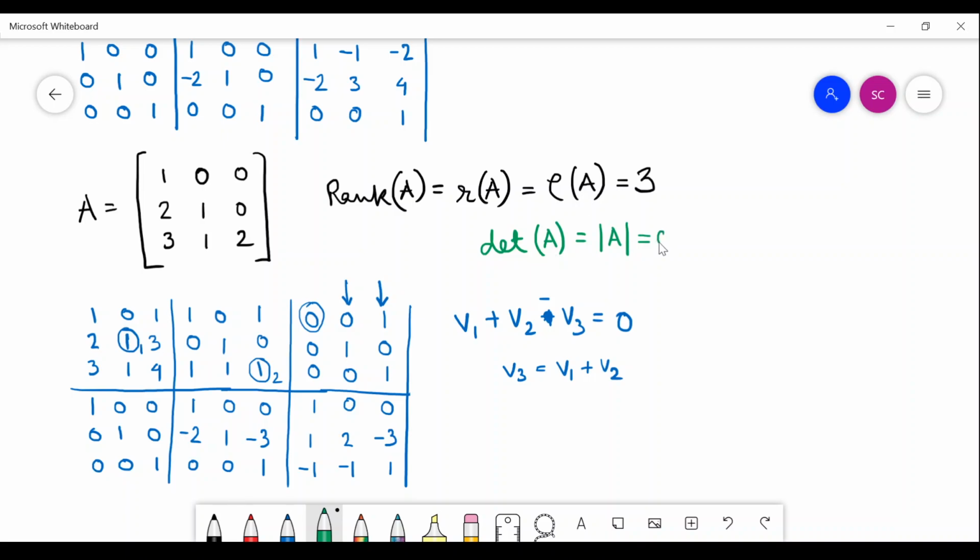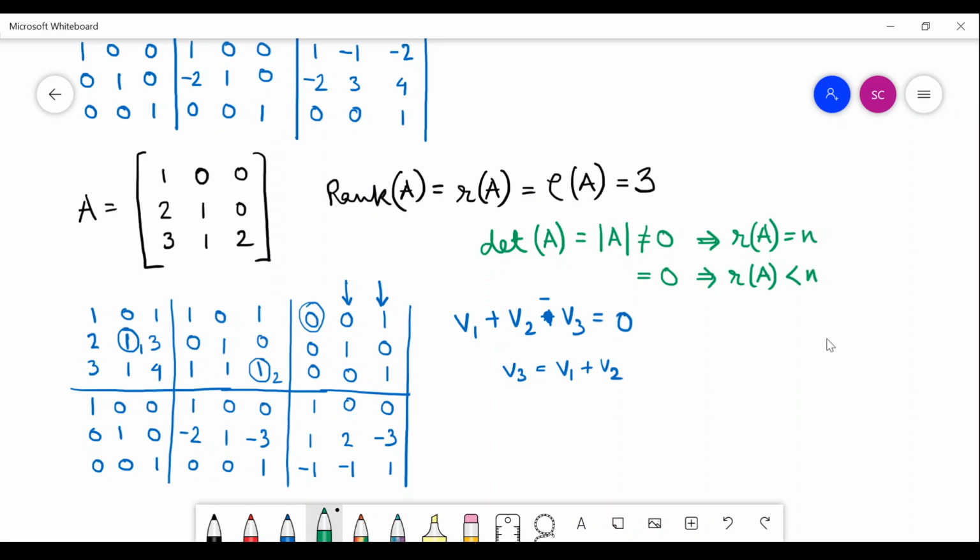If this is not 0, it implies rank equals n, where n is the order of the matrix. If it is 0, this implies the rank of the matrix is less than n, but it does not say what the rank is. To know what the rank is, you have to do the column operation and see how many independent columns are there. That is the rank of the matrix.